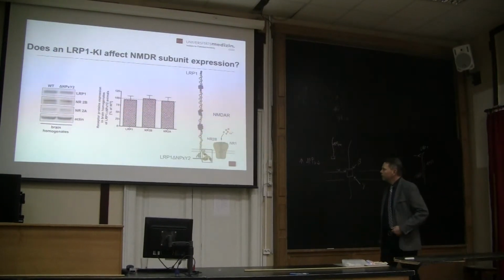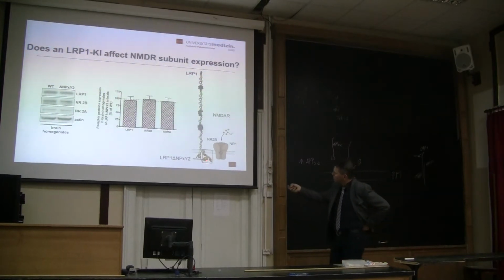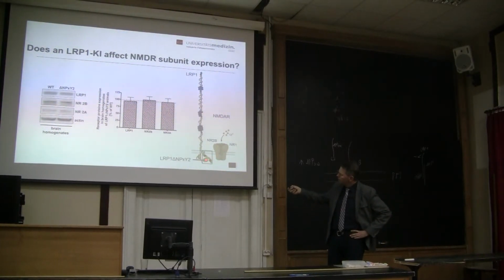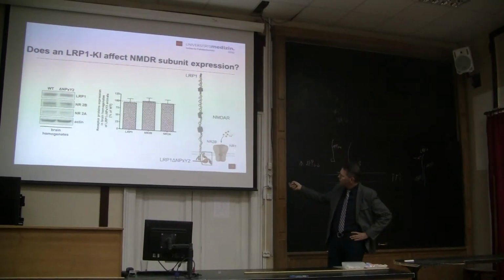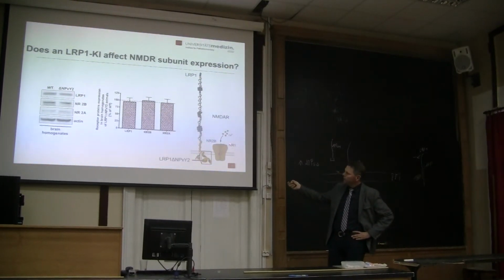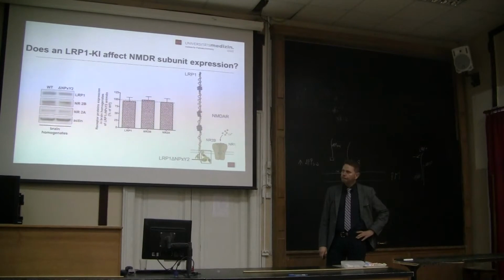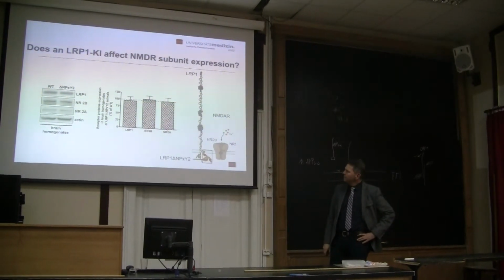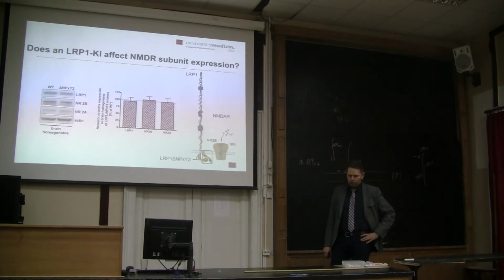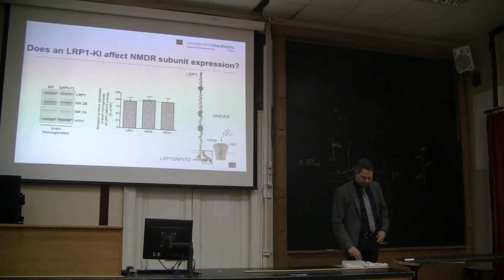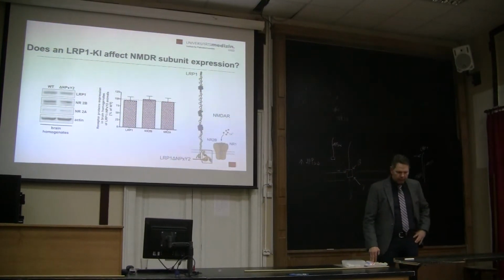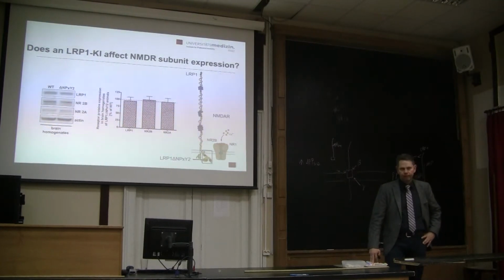Good, so that would mean somehow this part down here interferes or regulates or plays a role in NMDA receptor signal. Then we thought, okay, maybe the LRP expression level has something to do with the expression of the NMDA receptor.